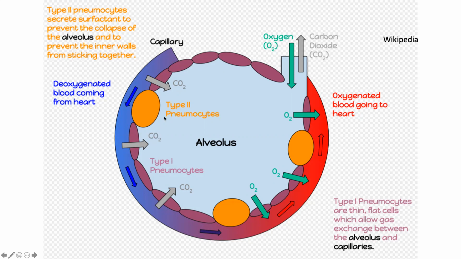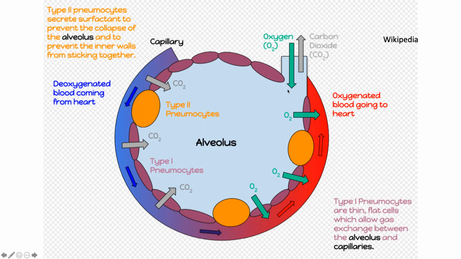Here you can see the orange color-coded type 2 pneumocyte, which is for the surfactant. The air coming into the alveoli is oxygenated, and the capillary blood will fill with more oxygen and become red, with oxygen and carbon dioxide going in and out of the alveoli.